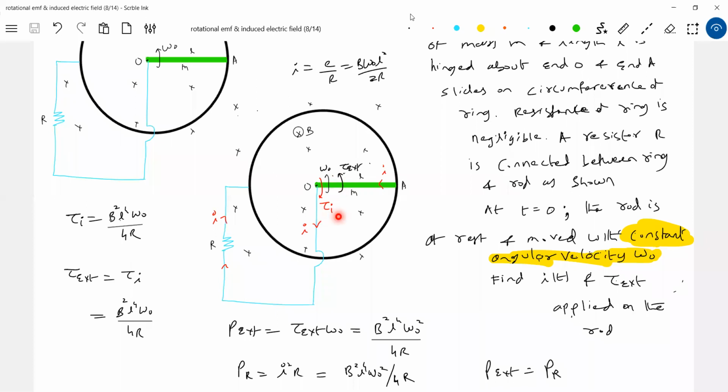It is going to have angular accelerated motion, so omega will continuously increase. If the external torque is equal to the induced torque, the angular velocity of the rod remains constant. If the external torque is more than the induced torque, the angular velocity of the rod will increase. If omega increases, the current will increase. If the current increases, the brightness of the bulb will increase. Not numerical. They just test you with analysis here.